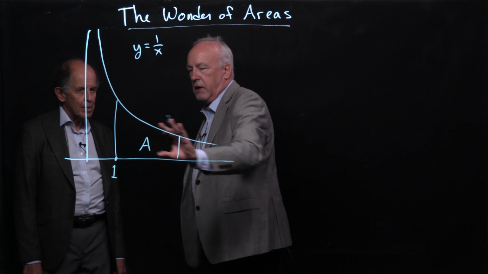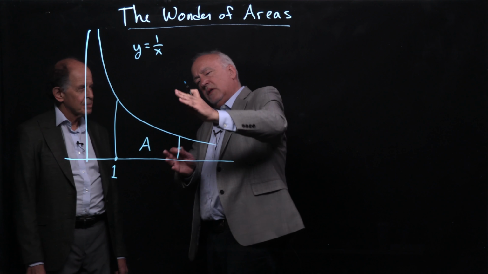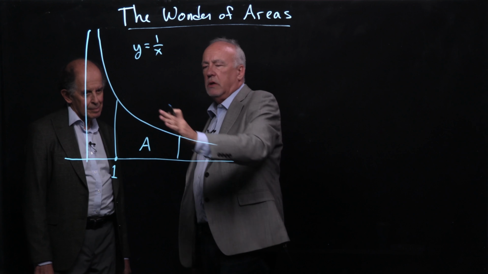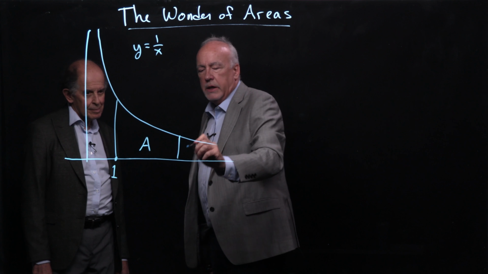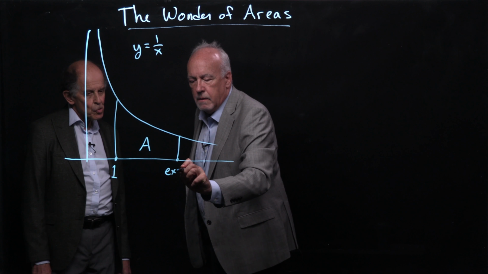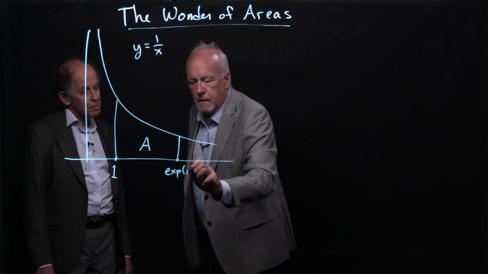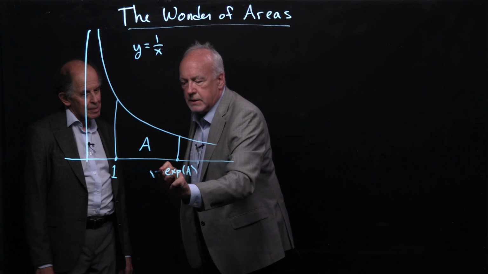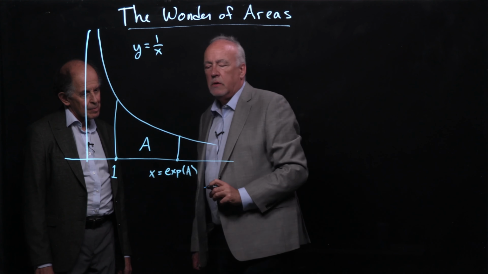So there's some area there. It's not quite a rectangle, it's not quite a trapezoid, but you can imagine there's an area there. And then we define this point here as the exponential of a. So x is equal to exp of a. Exactly. x here is the exponential of a.